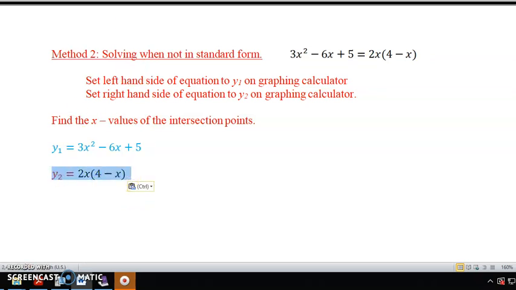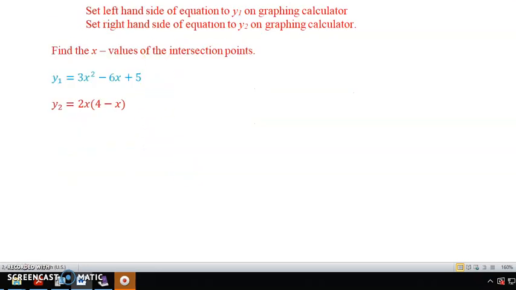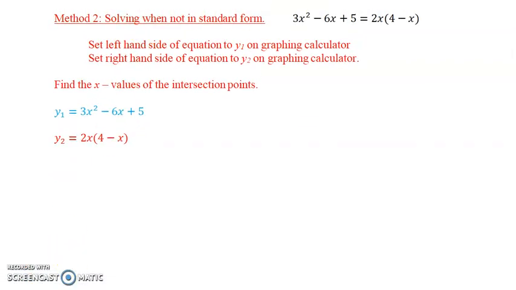So we do the left-hand side for the first function, y1, and y2 equal to the second function from the equation. And the intersection of these two will be your answer. It's beautiful. So we'll go to our graphing technology.